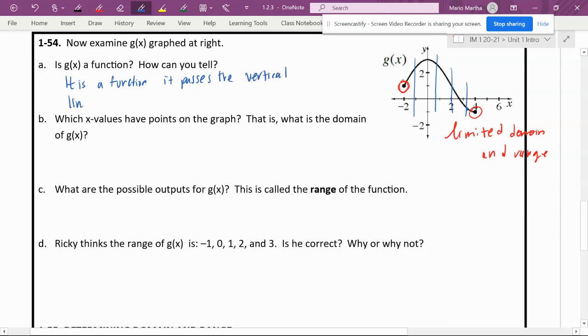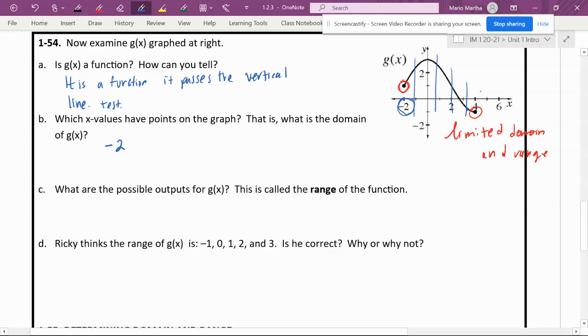All right. The next question would be, which x values have points on the graph? That is, what is the domain of g of x? If you notice, we start on the farthest left right here, which is at -2. So that's our farthest left.